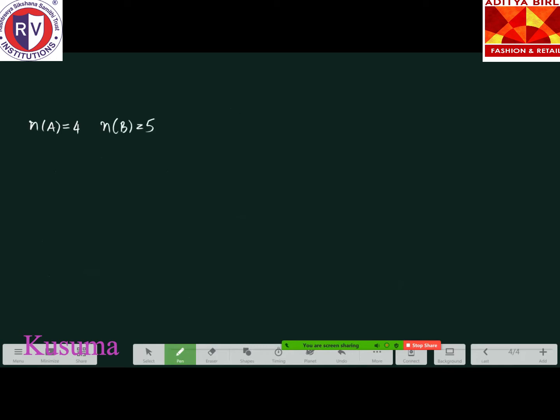Then the number of injective mappings that can be defined from A to B is, the options given are option A is 144, option B is 72, option C is 60, and option D is 120.